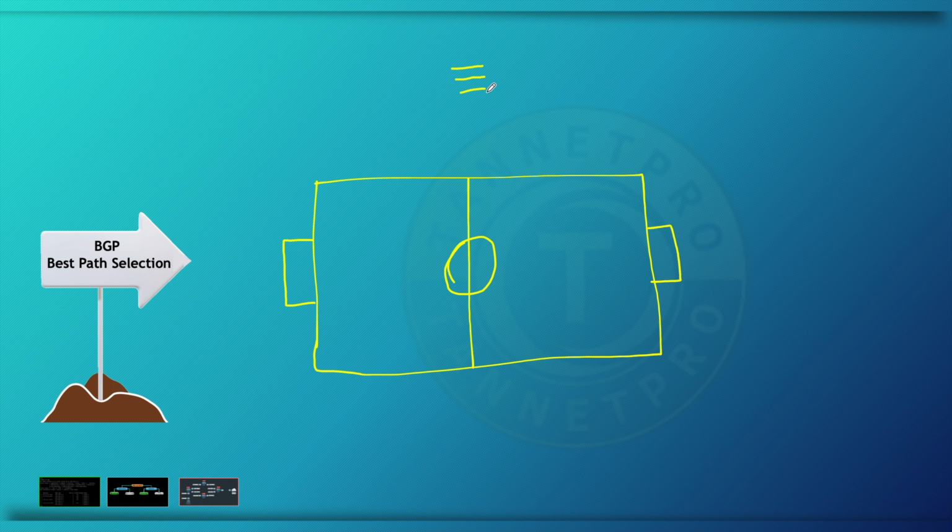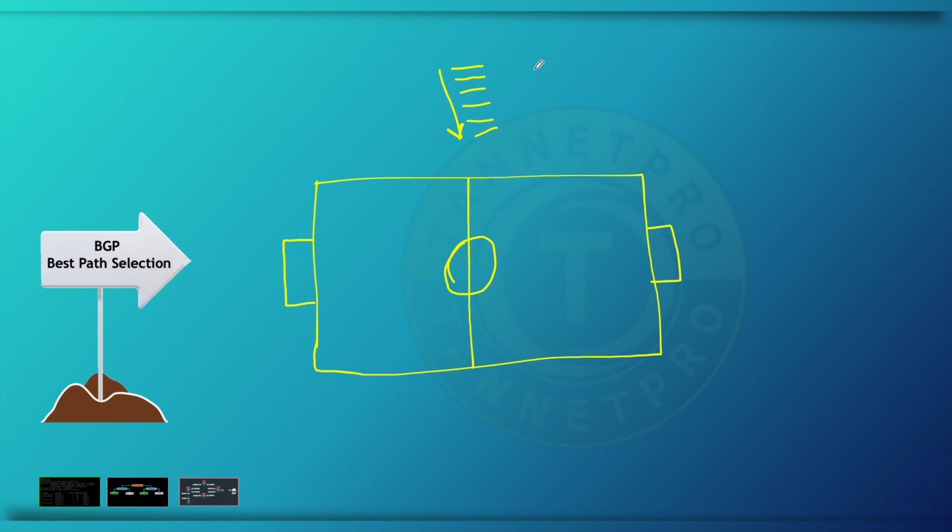We play extra time, it could be 10 minutes or 20 minutes, then the golden minutes or golden hour, you can say. Still, if the result is not coming, if again it is a tie between the two teams, then we go to the penalty round, right? If it is again a tie, then we go to the toss round. So this is how we conclude our result, or select the winner.